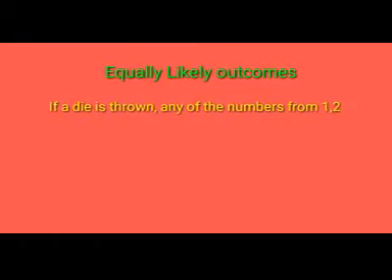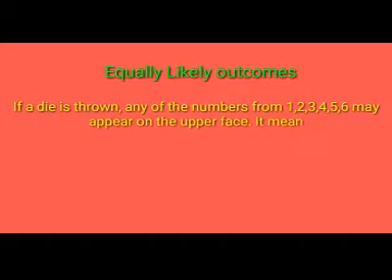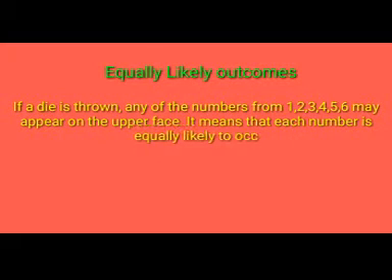Now, equally likely outcomes. If a die is thrown, any of the numbers 1, 2, 3, 4, 5, 6 may appear on the upper face. It means that each number is equally likely to occur.